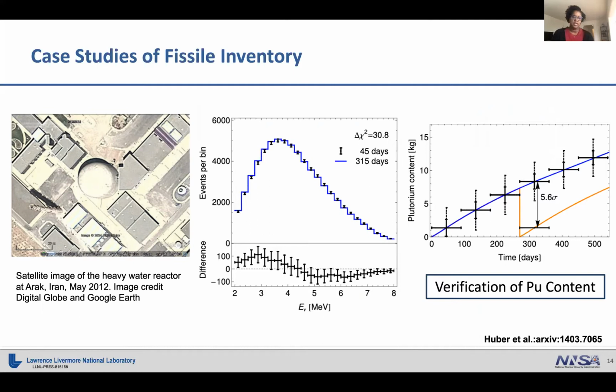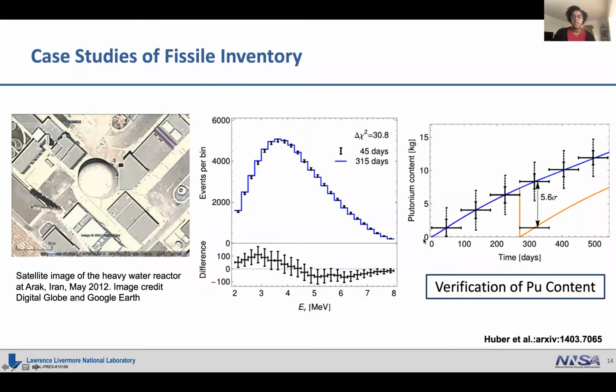He demonstrated through simulations that if you were to monitor the heavy water reactor in Iraq, Iran, and you had a loss of continuity of knowledge, and at the beginning of the cycle, so 45 days within the cycle, you made a measurement of the antineutrino emission, and then about 400 days in the cycle, if there was some sort of loss of continuity of knowledge, you could just do a simple chi-square fit of the different cycles and see that you have a substantial difference. They see a chi-square of about 30.